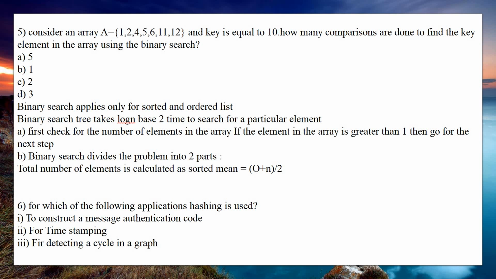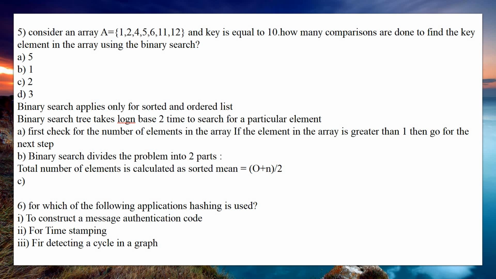Then the third step is that you need to compare the searching element, which is either greater than the mean, or lesser than or equal to the mean. Depending on the result, if the searching is done, then the mean is equal to the searching element.